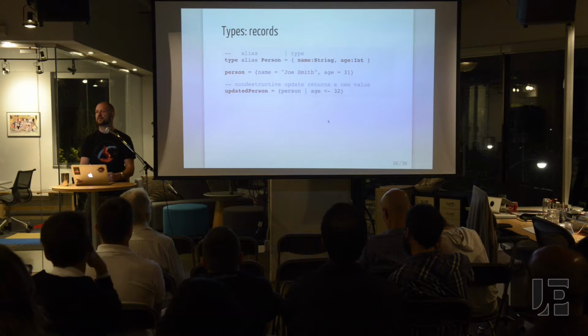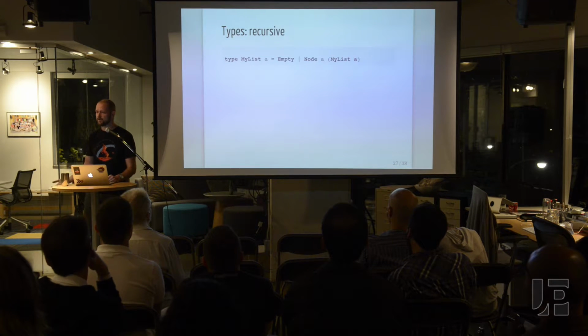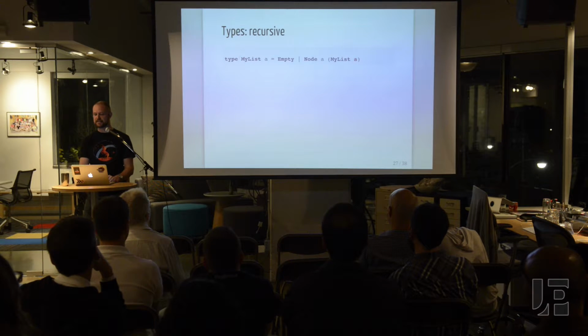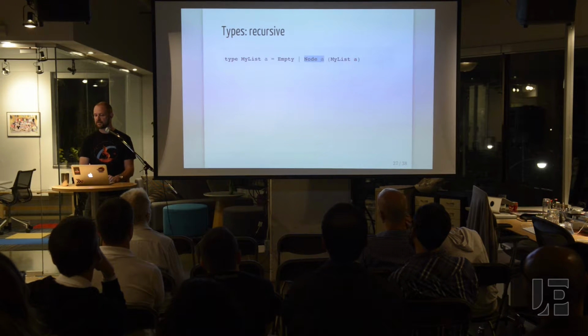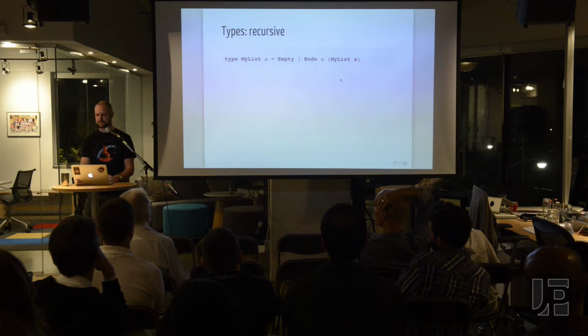Just know that it's there, and it's fairly straightforward. Types are very powerful. I can easily create a recursive type in one line, say for a list. I can say a list of A's is either empty or it's a node of A with another list of A's. And boom, I've declared a way of building lists.